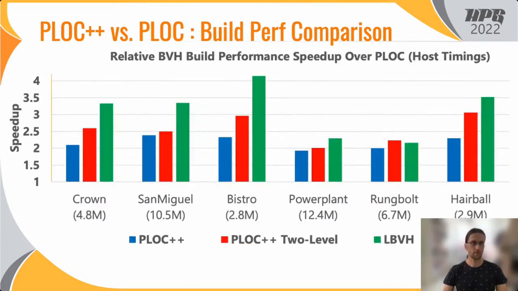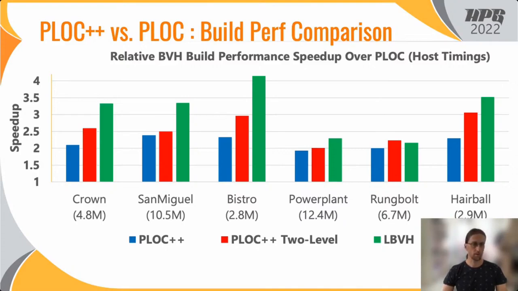So in this comparison, we show relative BVH build performance speed up of PLOC++ and its two-level extension versus the original PLOC implementation using host timings. Host timings include any visible kernel launch overhead. As speed of light reference, we also include numbers of an optimized 4D 64-bit Morton code LBVH builder, which can kind of be considered to be one of the fastest from scratch BVH build approaches available.